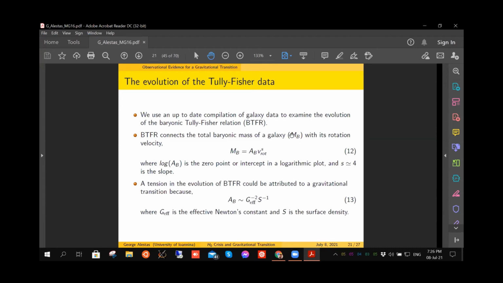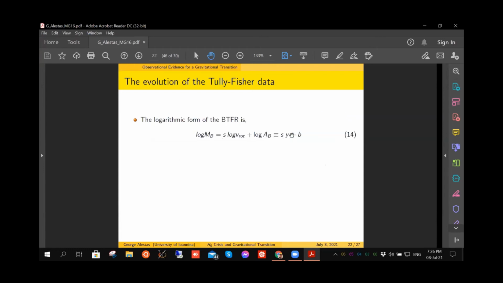Since, as we can see in equation 13, the intercept of the baryonic Tully-Fisher relation is proportional to the effective Newton's constant. Now, we concerned ourselves with the logarithmic form of the BTFR, which is a simple linear expression, as we can see in equation 14.